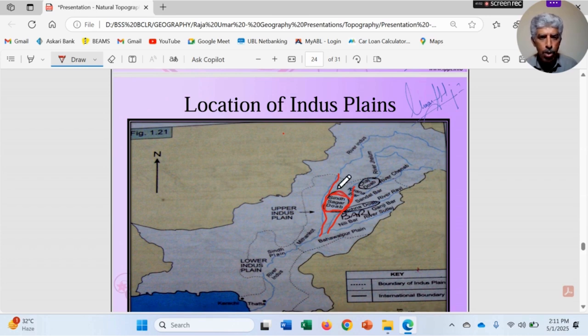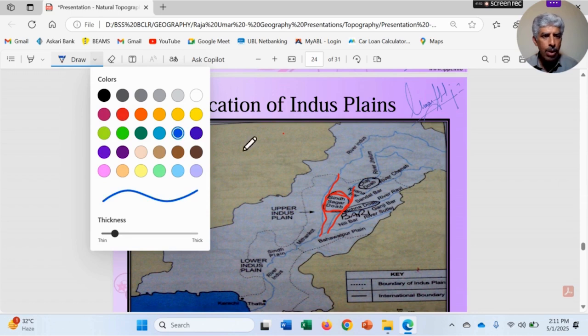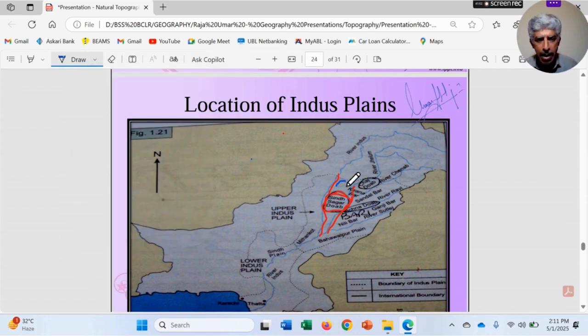So keep in mind that the Potwar Plateau we studied yesterday is also between river Indus and river Jhelum in this region, but it is not part of Sindh Sagar Doab, because the Doab is the characteristic of a plain area, not of a plateau. Potwar is a plateau. So we are not supposed to call Potwar Plateau part of Sindh Sagar Doab.